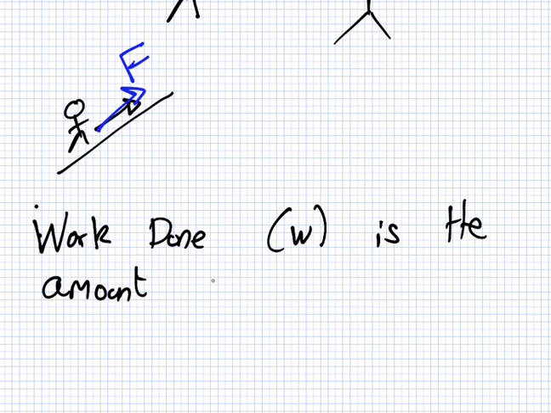Amount, yes. Work done is the amount of energy, well, why don't you tell us, Abraham? What are you saying? Work done is to do a job, isn't it? Yeah, the amount of. Well, we're just trying to get the idea simple first, and then we'll make it more precise.